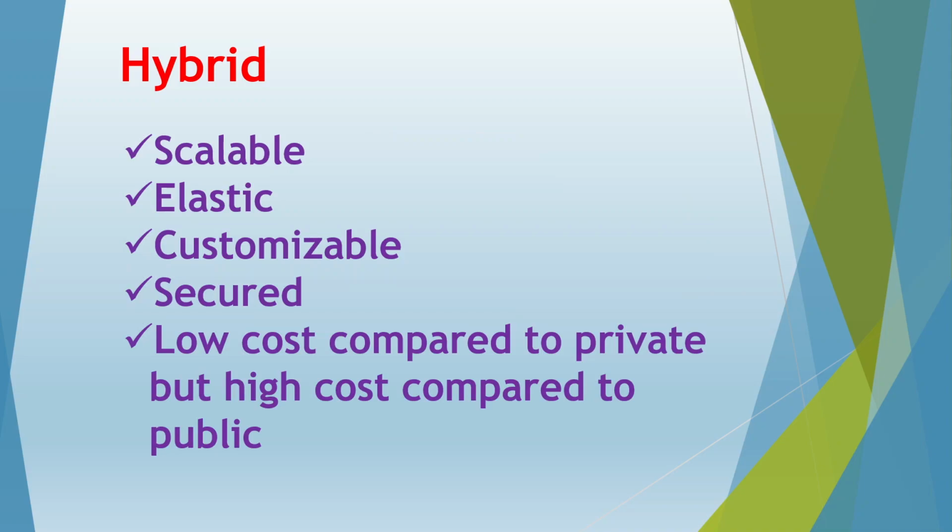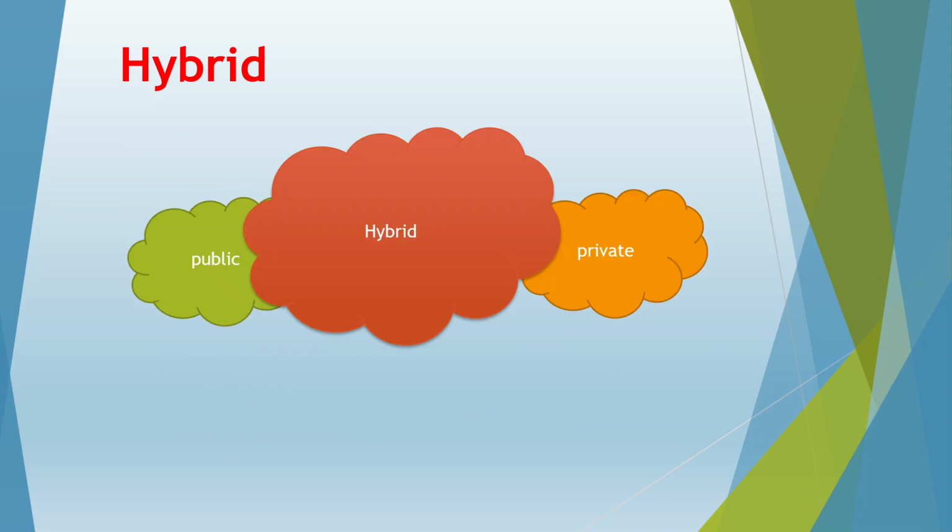Hybrid cloud is scalable, right? Because it is a combination with public cloud. Hybrid cloud has the features of scalable, elastic, and customizable coming from the private cloud. So you can take a hybrid cloud in a scenario when you want more security and when you want to store the personal information of customers.